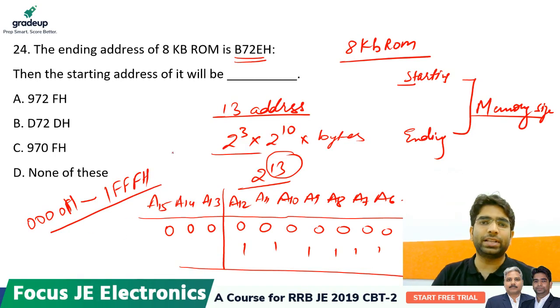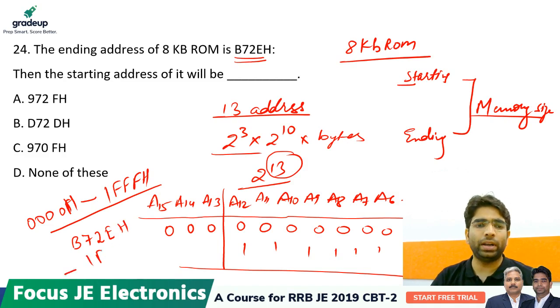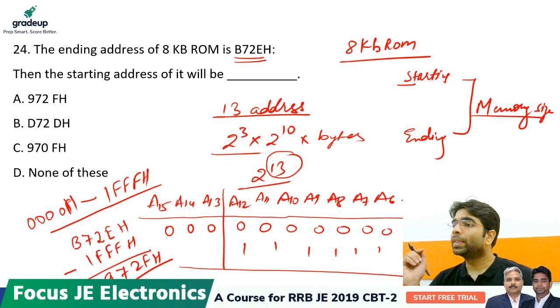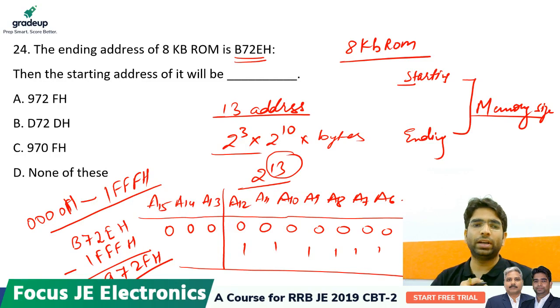The ending address is B72EH minus 1FFFH. Do the hexadecimal subtraction and get the answer as 962FH.